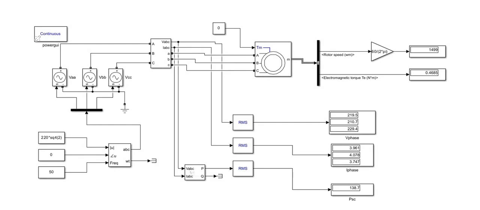Then we get the values of V phase, I phase, and power. After that, we calculate manually the total resistance, the stator copper losses, and the rotational losses of the motor.